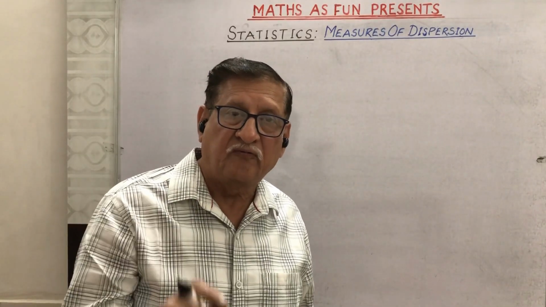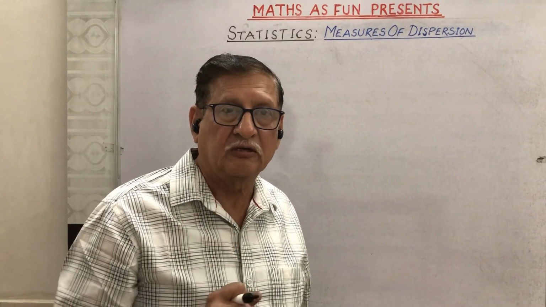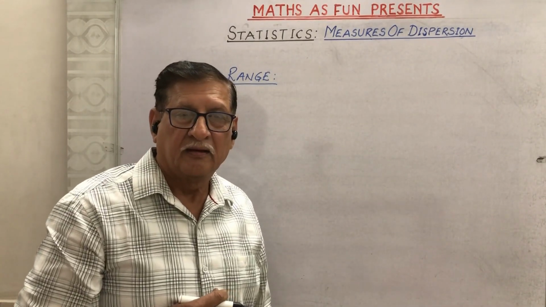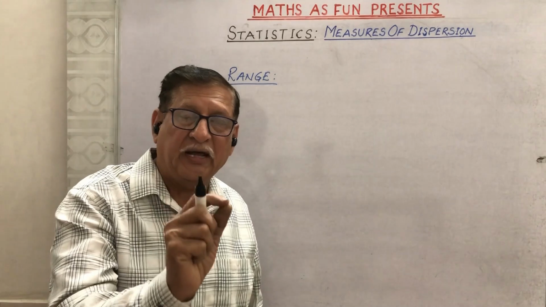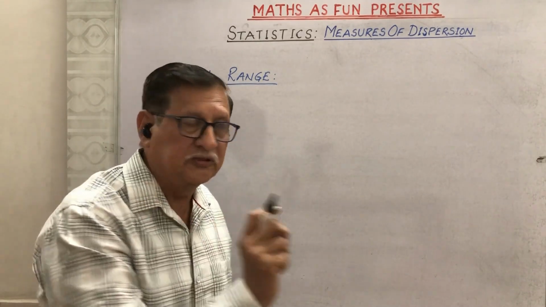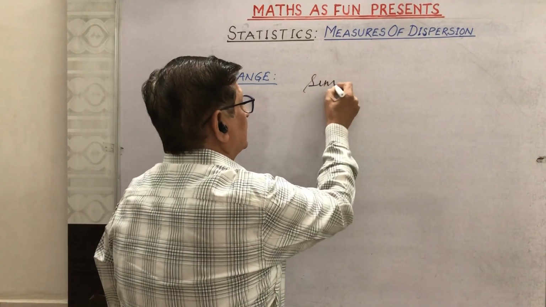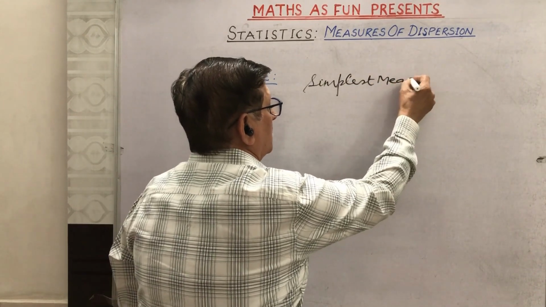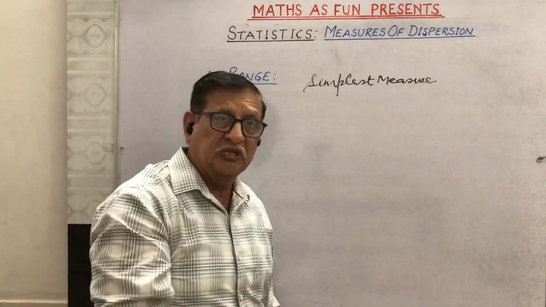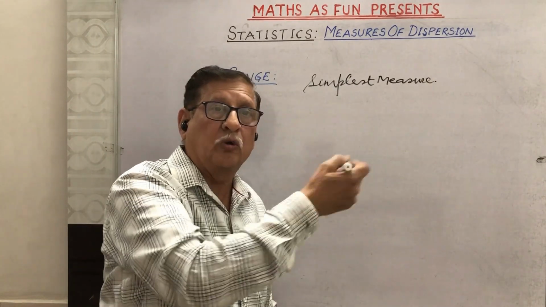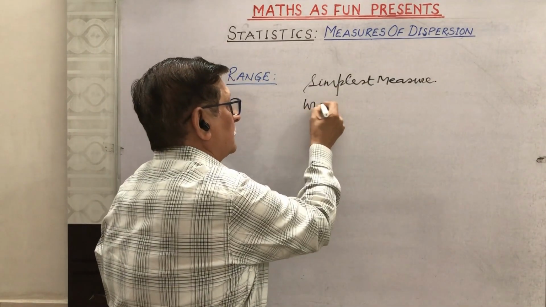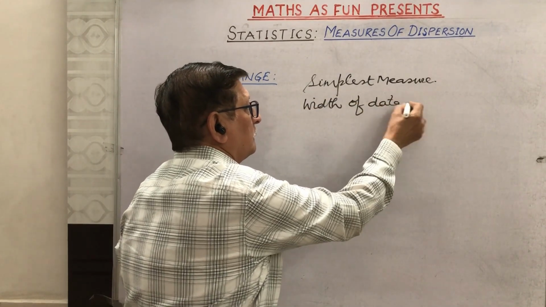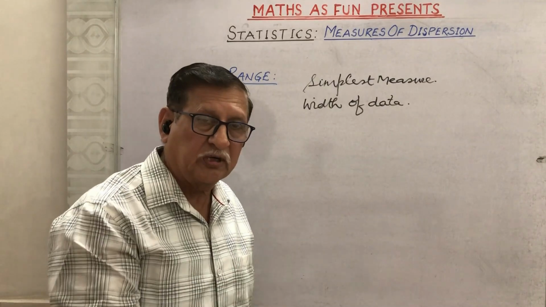Let's learn about the first measure of dispersion, that is range. Range actually is the simplest measure of dispersion. Simplest measure. This gives us the width, total width of the data. It means what?